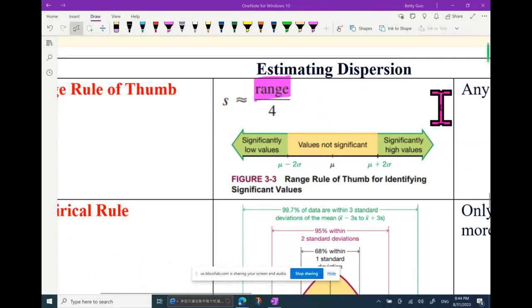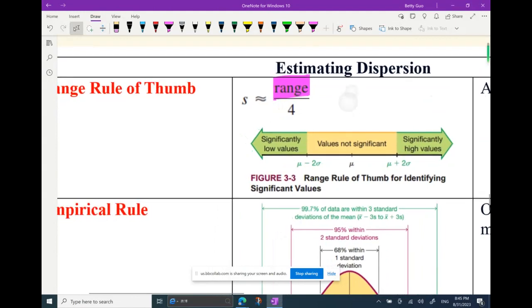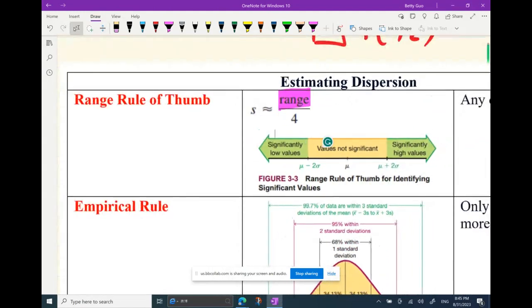So the first thing is, if we are given the range of the data set, we are able to approximate the sample standard deviation. How? We simply divide the range by 4. Then the result would be an approximation of the standard deviation. That's the first thing, because we assume a majority of the values fall within 2 standard deviations of the center.